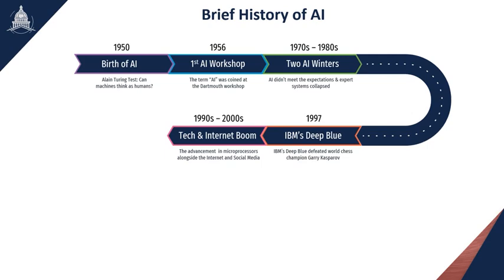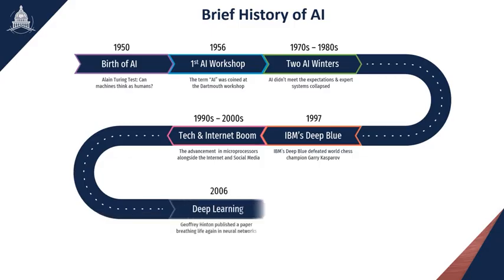Then, in the year 2006, AI experienced a groundbreaking resurgence with the rise of deep learning. While neural networks have been studied for decades, Geoffrey Hinton's original work introduced effective methods for training deep neural networks. This marked the beginning of AI systems capable of learning and adapting in ways that resembled the complexity of the human brain.